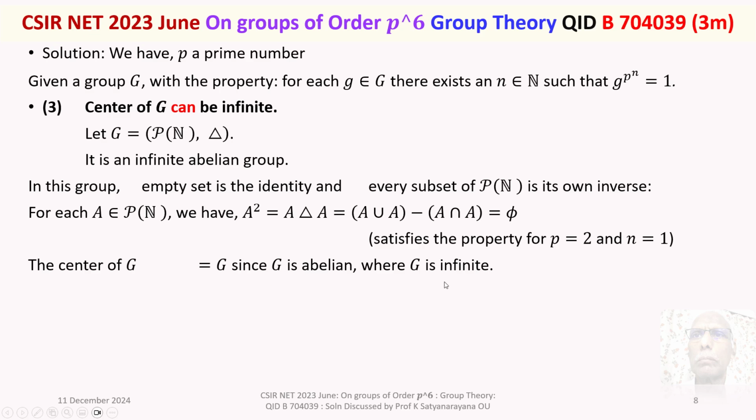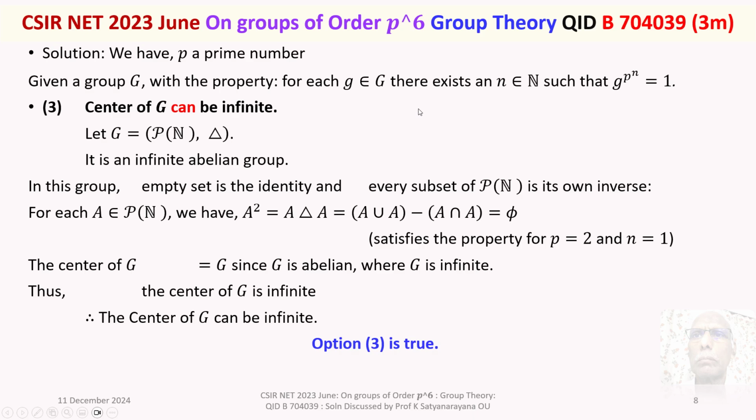So there is an example where it satisfies the given property, an infinite P group whose center can be infinite. Thus the statement that the center of G can be infinite is true. Therefore, option 3 is true.